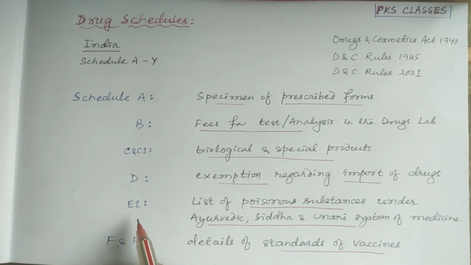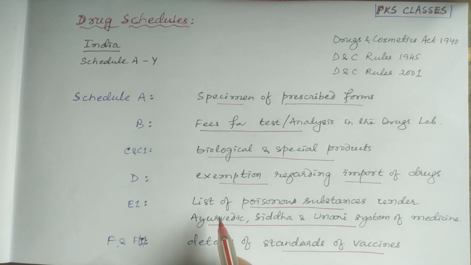Then Schedule E1 is the list of poisonous substances under Ayurvedic, Siddha and Unani system of medicine. So it gives a list of poisonous substances under Ayurvedic, Siddha and Unani system of medicine. Then Schedule F and F1, it gives details of standards of vaccines.